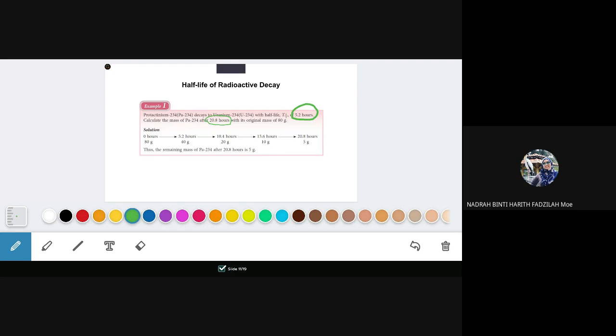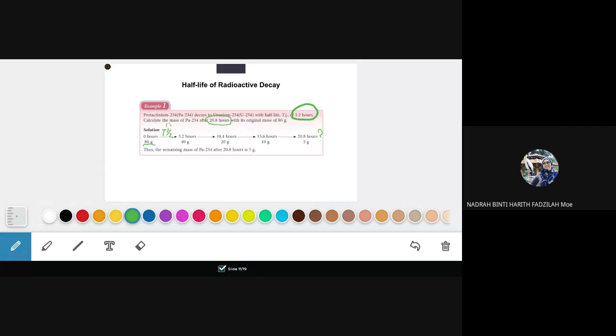So from 0 hours, the original mass is 80 gram. So after 20.8 hours, berapa? Jadi dari 0 hours pergi 5.2 hours, ini adalah half-life yang pertama.